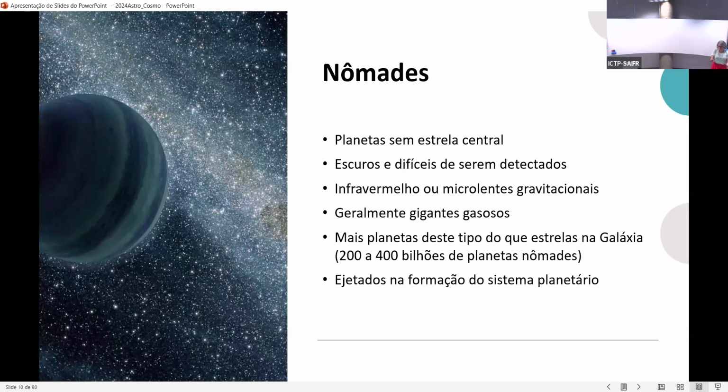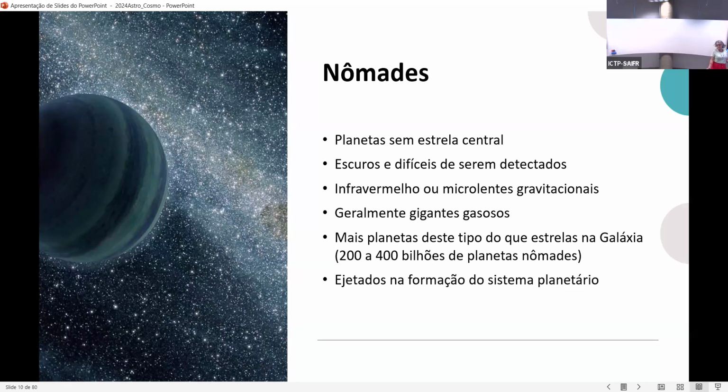So you have the normal lens by the star, and if this star has an orbiting planet, then the planet will act as a micro lens. And the good thing is that if you have precise measurements of the mass, they're usually giant planets, of course, gas giants.